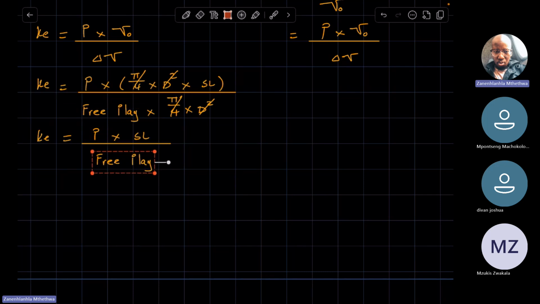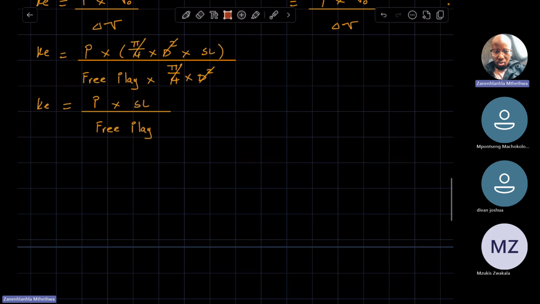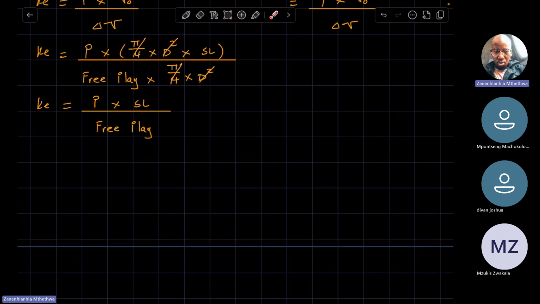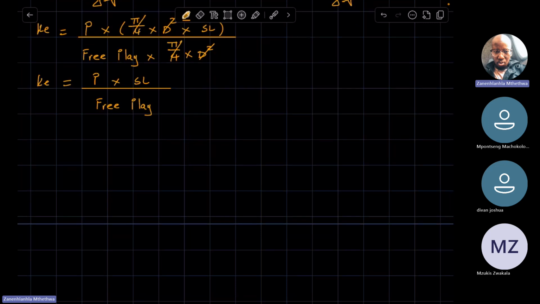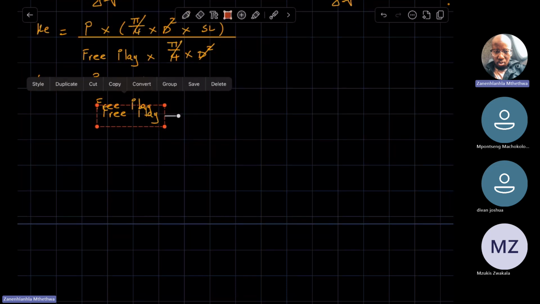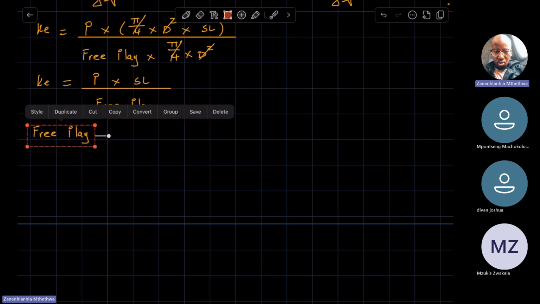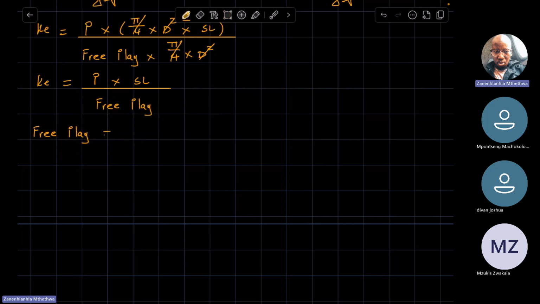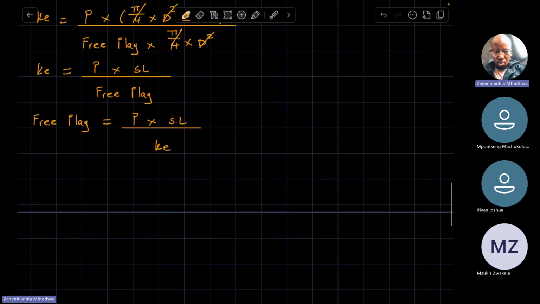Mathematically, this is how it works out. Then from here, you can simply make free play the subject of the formula, as that is what we are looking for. So free play will be equal to pressure times stroke length divided by the effective bulk modulus.